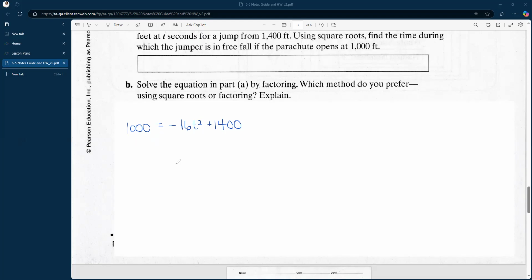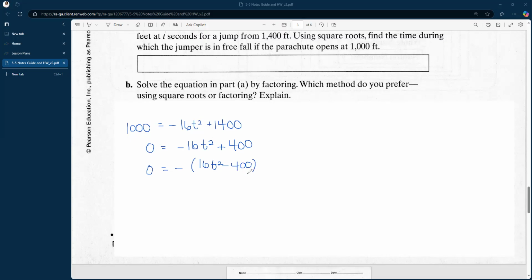Let's make sure that our equation is in standard form. So we will have 0 equals negative 16 t squared, subtracting 1000 from both sides, and that gives us plus 400. Because we're factoring, we have to use our factoring tools. I am going to factor out a negative 1, which gives us positive 16 t squared minus 400.